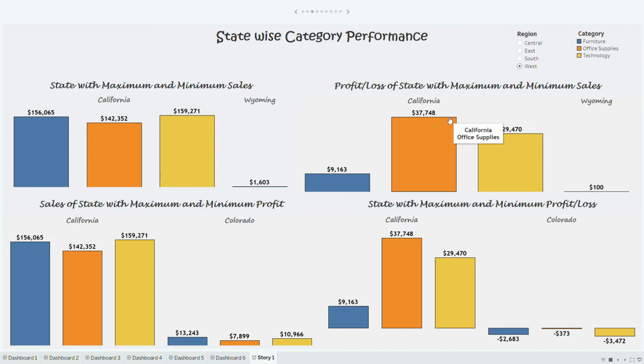Now in the West, we have California, which has performed well in all three categories, and in Colorado, you can see all three categories, that is furniture, office supplies, and technology, there is a loss.